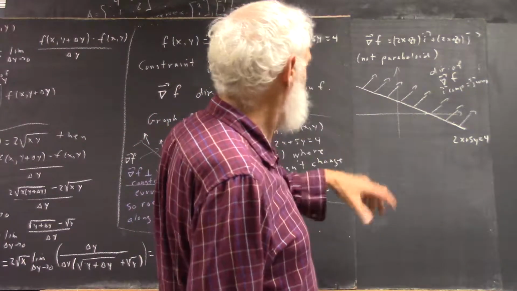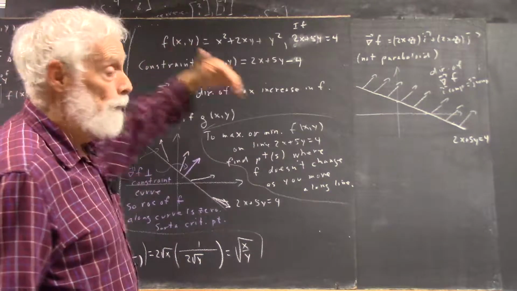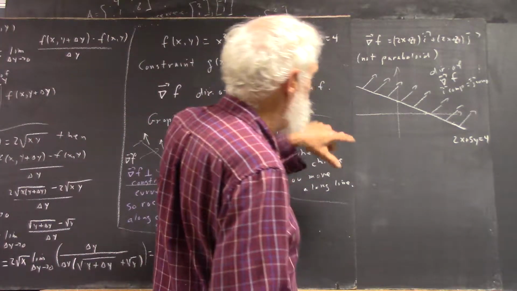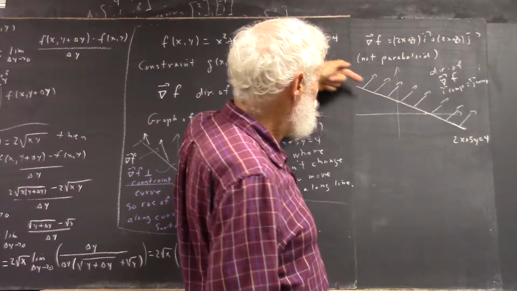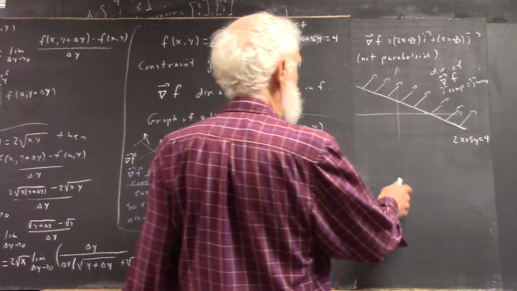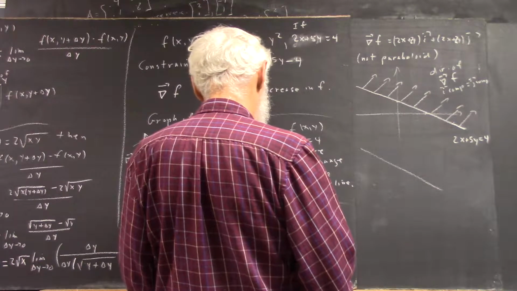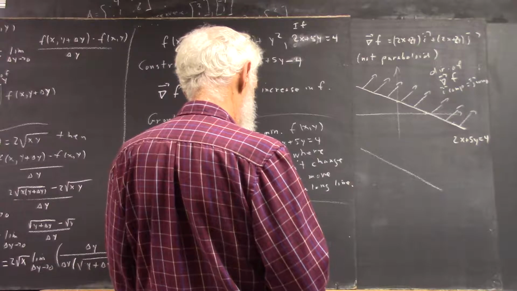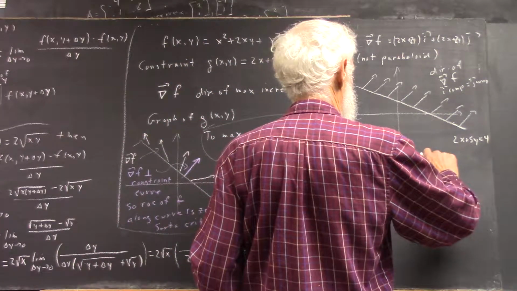But what does this tell us that's relevant to the whole idea of maximizing a function along a constraint curve? What it tells us is that for this function, the gradient always has a component in this direction, right? So if we draw this thing, the gradient always has two components. I'll just depict those components for a couple of the vectors, and we won't draw as many.